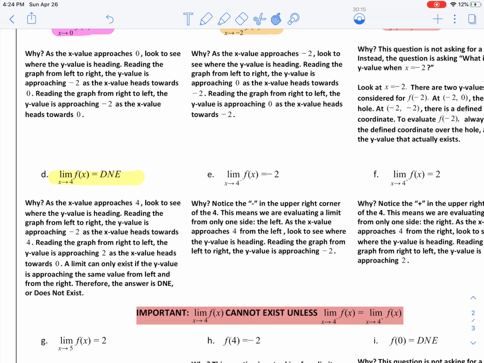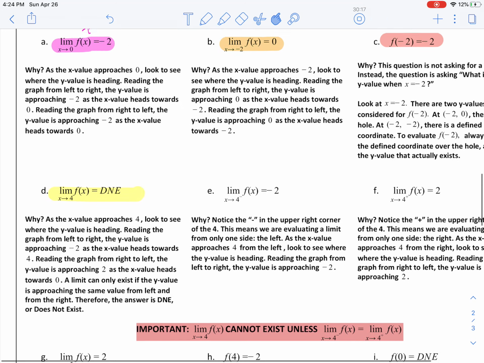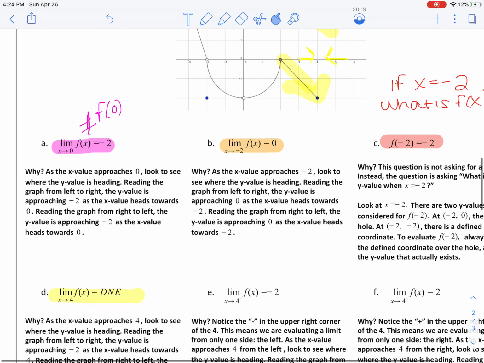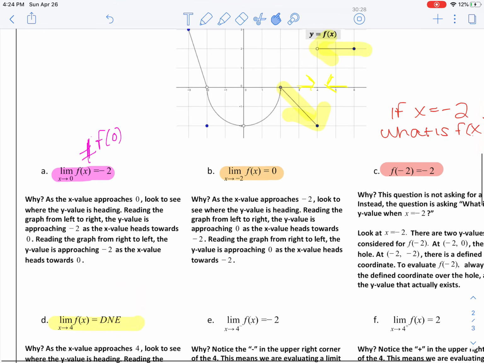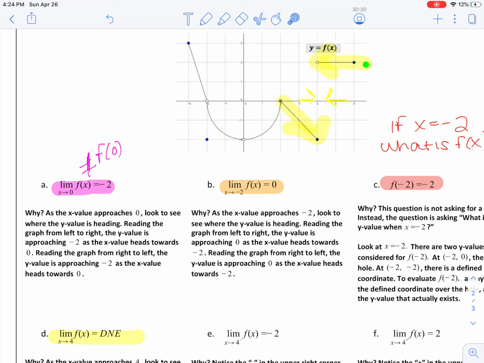So back up on our graph, we saw that the limit, and this is question E, the limit as x approaches 4 from the left is down here at -2, whereas the limit as x approaches 4 from the right is +2.